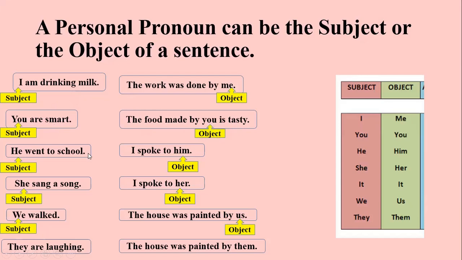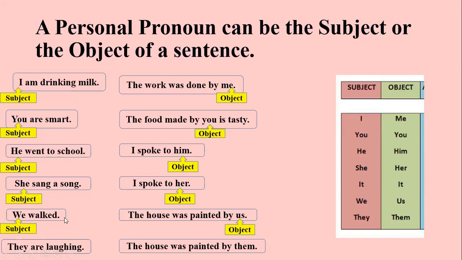In the sentence, he went to school, he is the subject. Whereas, in the sentence, I spoke to him, I is the subject and him is the object. Coming to the next sentence, she sang a song. Here, the personal pronoun she is the subject. And in this sentence, I spoke to her, I is the subject and her is the object.